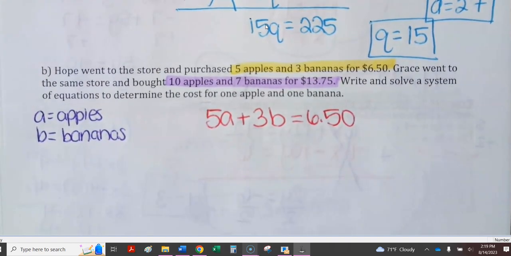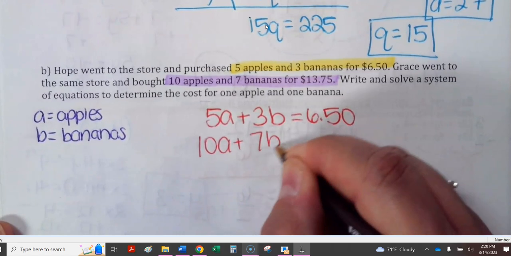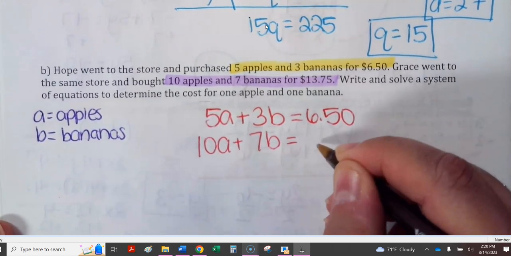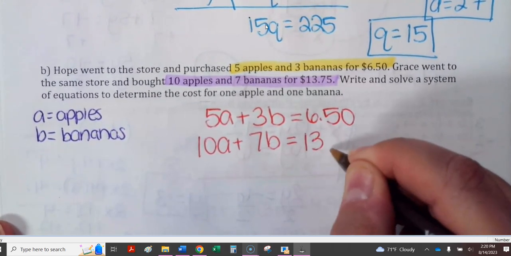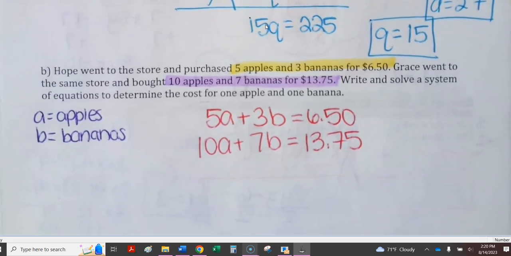How could I write the equation for the other girl? She's got 10 apples, 7 bananas, and it's $13.75. What would her equation look like? Perfect. 10A, 7B, 13.75.